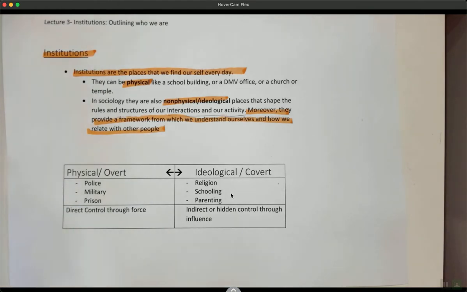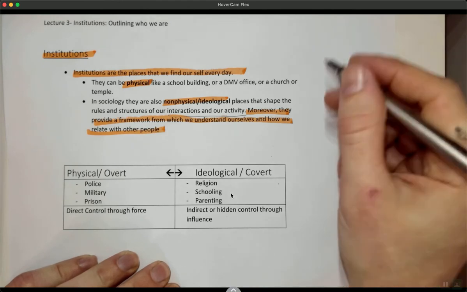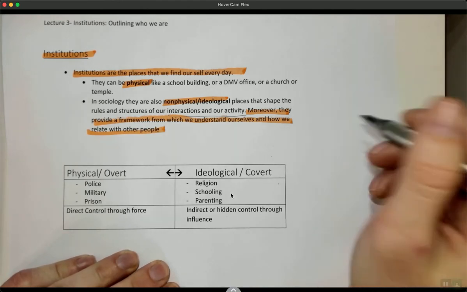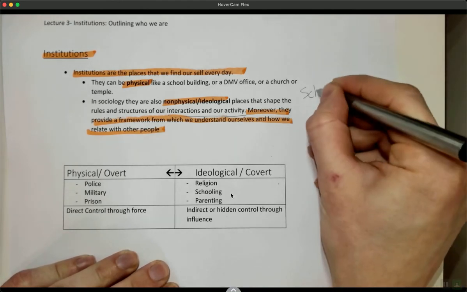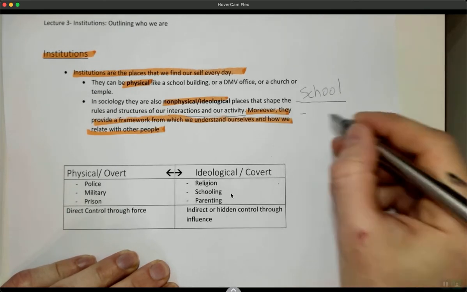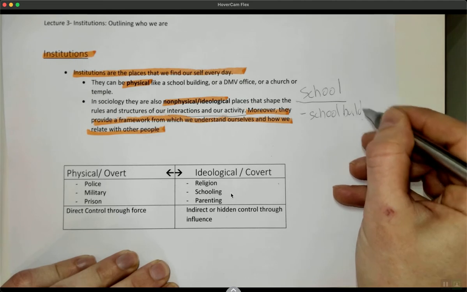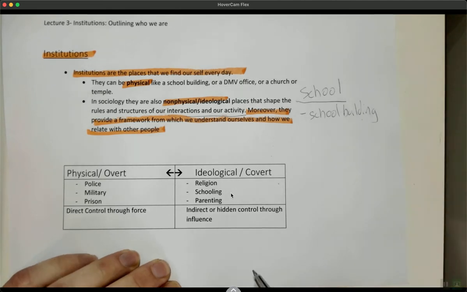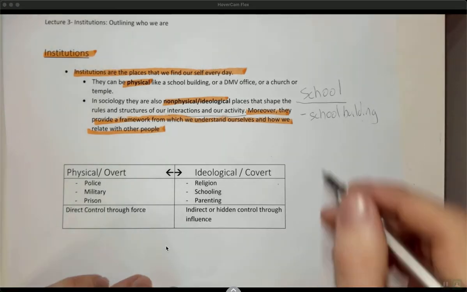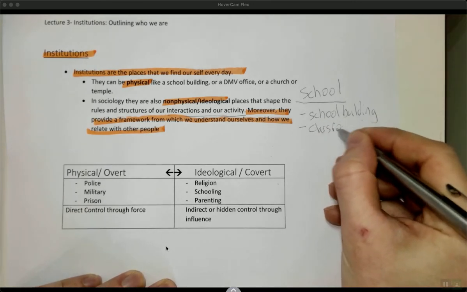So in general, when we're thinking about institutions, they could sometimes be, of course, both physical and non-physical at the same time. So if we think about a school, we'll be talking about a school a lot throughout. So physically, you think of a school building, and perhaps the classroom itself, the cafeteria.